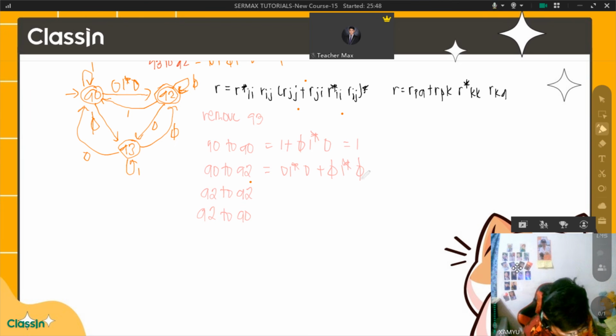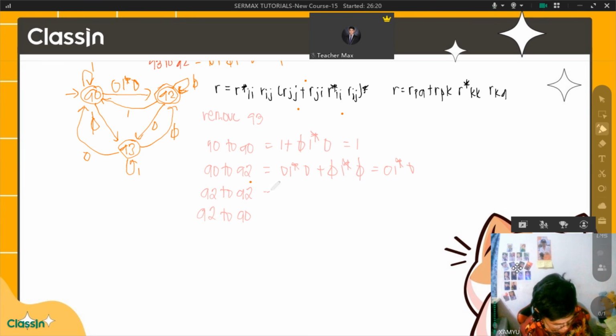So therefore, simplifying this one, plus clean star of 1 and null, multiply, it will become null. Multiply by null, it will become null. So plus with this will equate to 0, 1, clean star of 1, and 0. So that is the value that you do have right now.